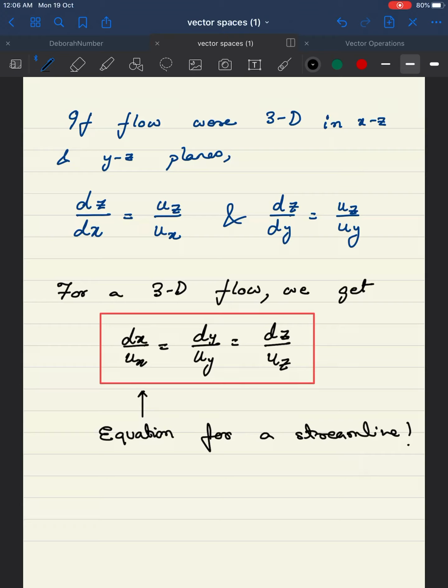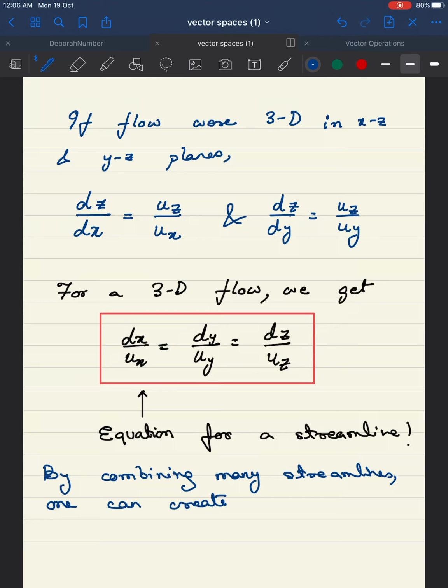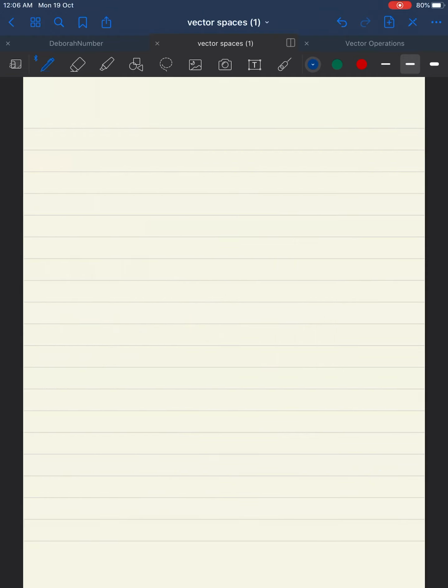So by combining many streamlines, one can create a stream tube, and a stream tube may look like something like this.